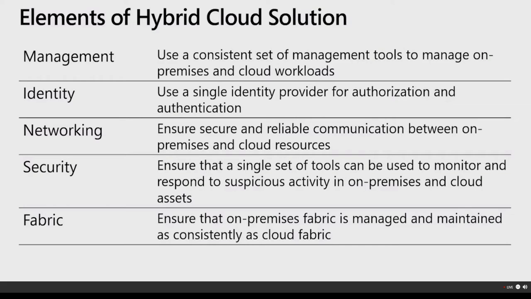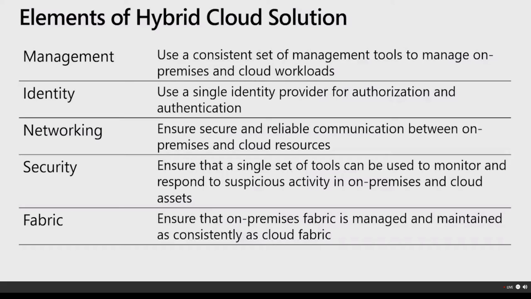Now, when we're talking about Windows Server heterogeneous networks, that is, you might have some Linux there, you'll have already figured out a way to manage your Windows Server and your Linux workloads on-prem. What you don't want to have to do is pick up a third set of tools to manage your workloads in the cloud. What you want to do is use the same set of tools to manage your workloads on-prem and in the cloud.